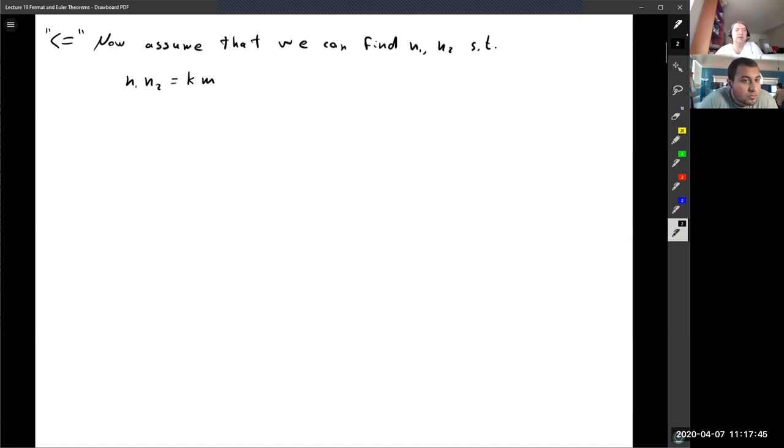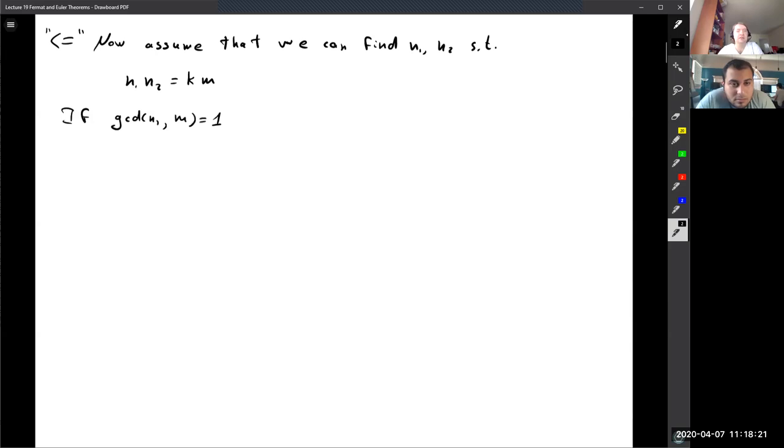Suppose the GCD of n1 and m equals 1, so n1 is coprime with m.